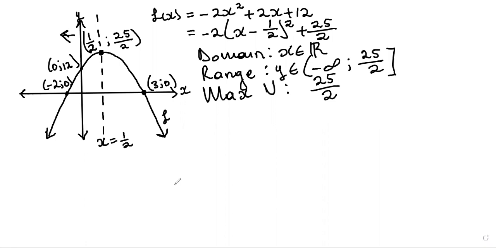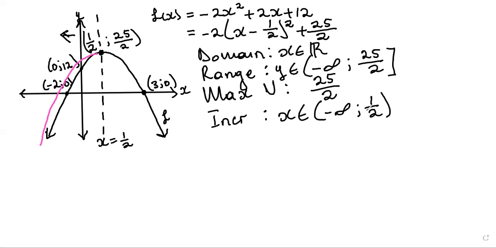So if you have a look, you can see that all the way from negative infinity up until half, your function is increasing. That's what you can see. So you'll tell them that the function is increasing where the values of x are found from negative infinity up until a half.